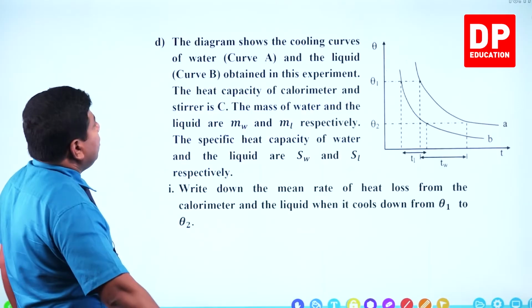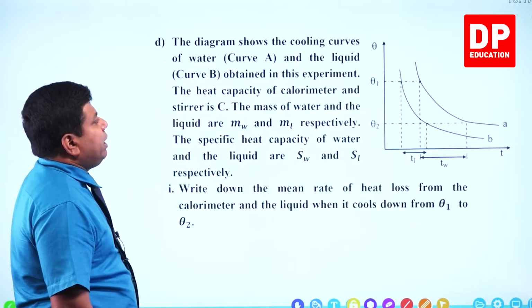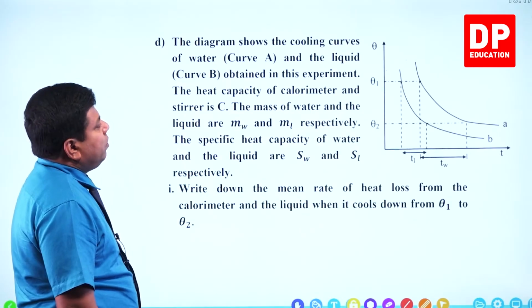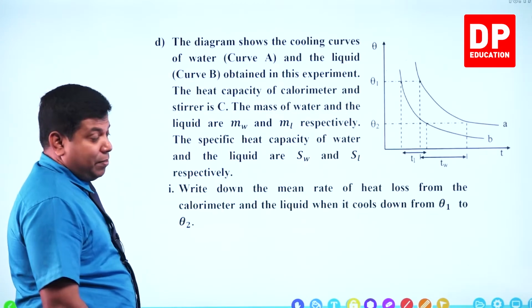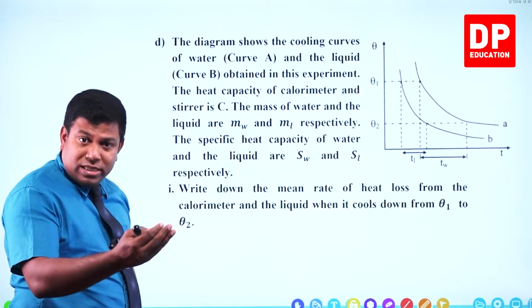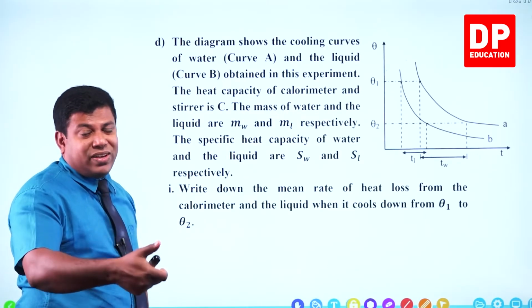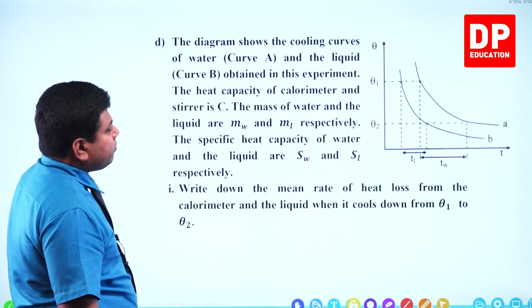Next, the diagram shows the cooling curves of water and the liquid. A is water, B is liquid. The heat capacity of calorimeter and stirrer is C, heat capacity. That means M into C altogether. What we usually write as M and C, mass and specific heat capacity, they multiply together and they are giving you the heat capacity.